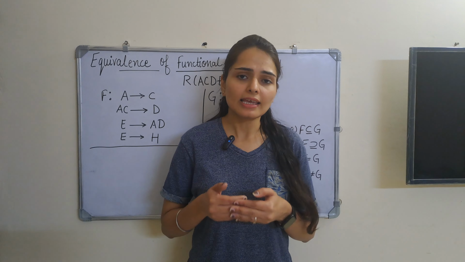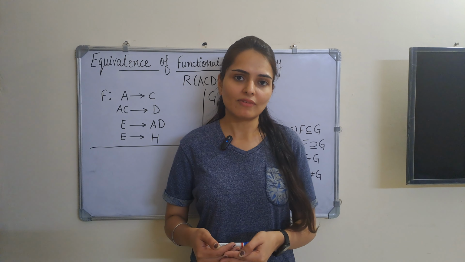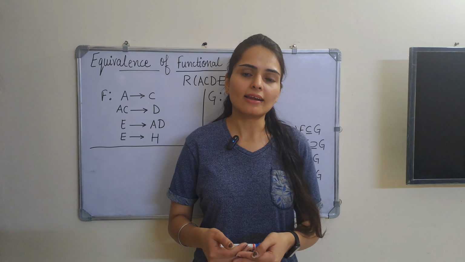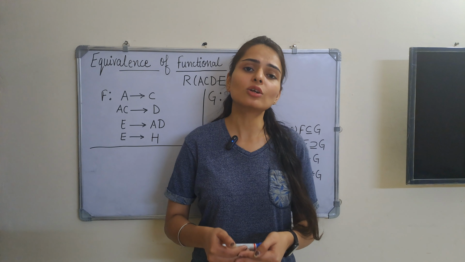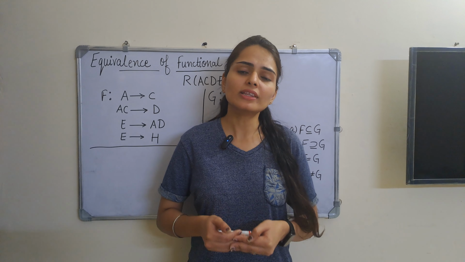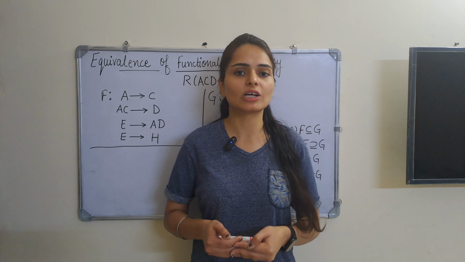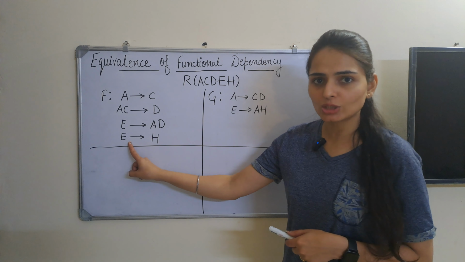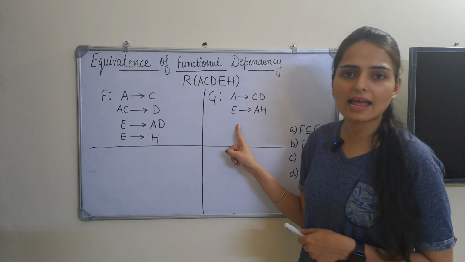Suppose there is an ER diagram for one problem that we have to implement, and there are two engineers. By looking at that ER diagram, they have converted it to the relational model, and for that relational model, both engineers have given a set of functional dependencies. Suppose engineer 1 has given this set of functional dependencies and another engineer has given this set.